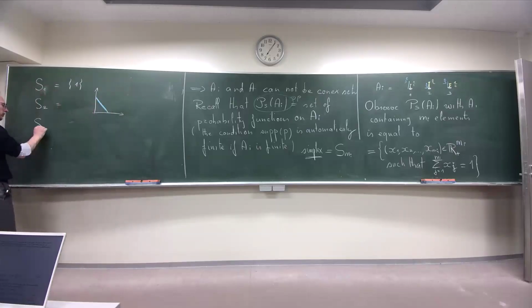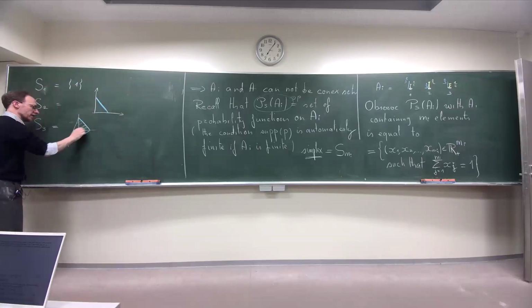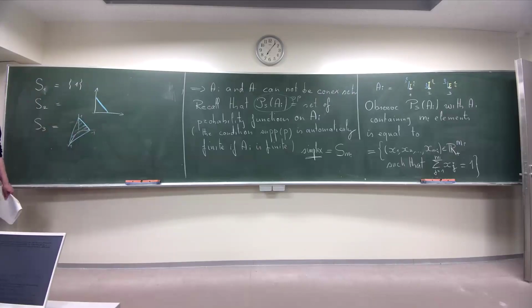S3, now you need to go in 3 dimensions, and you observe quite quickly that it's a triangle which goes through these 3 values like this. So you have a triangle on a corner. And I let you guess what is S4. I cannot represent it easily because I would have to go in 4 dimensions. But in fact, S4 is like a tetrahedron.